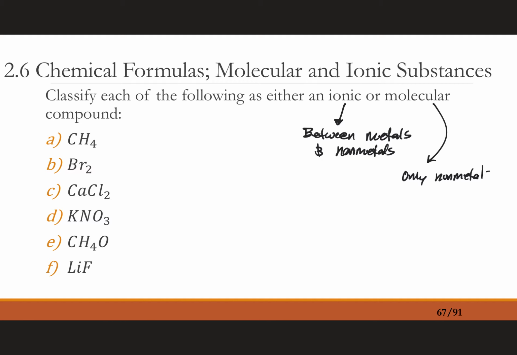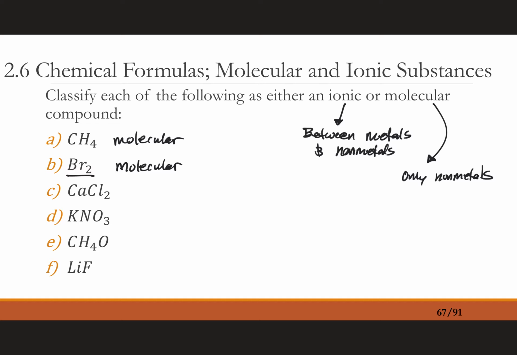And we're not going to worry about metalloids in these things. So when we look at CH4, you see carbon, you see hydrogen. Those are both nonmetals, so you would classify this as a molecular compound. Bromine is an element, but it's a nonmetal. Both of those atoms are nonmetals, so that would make this a molecular compound.